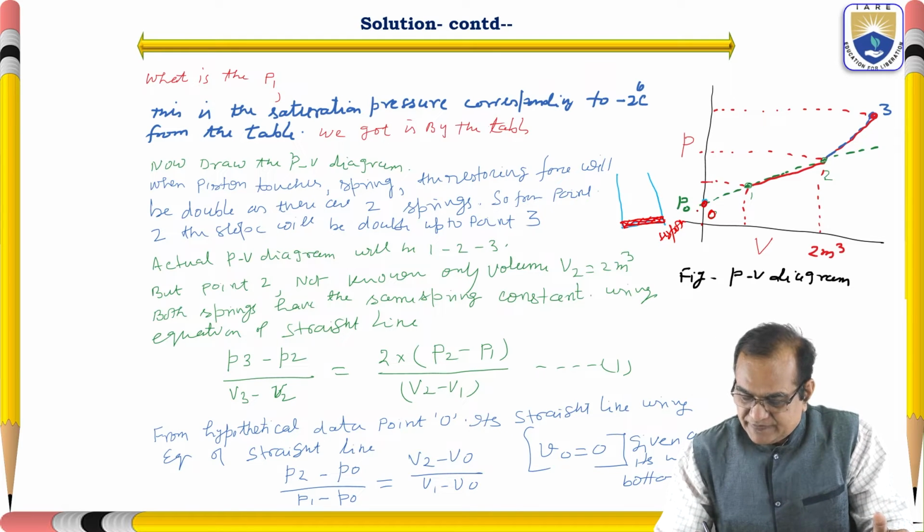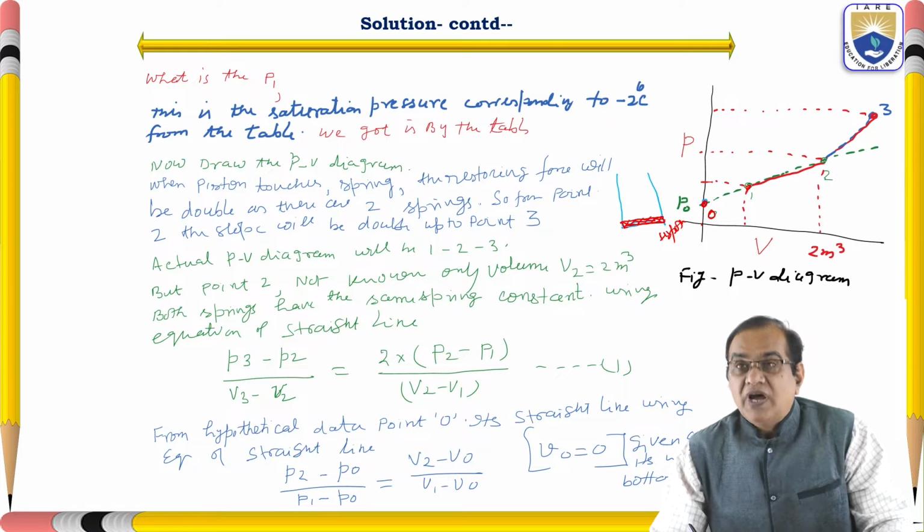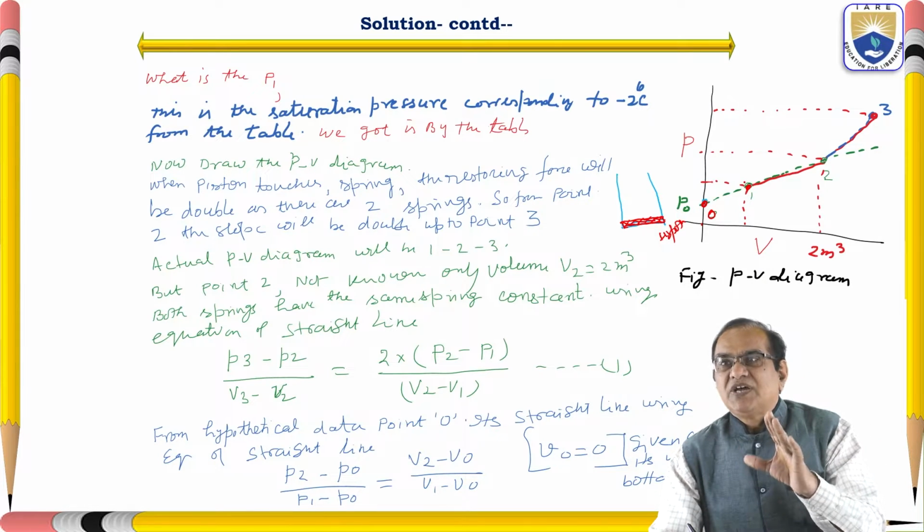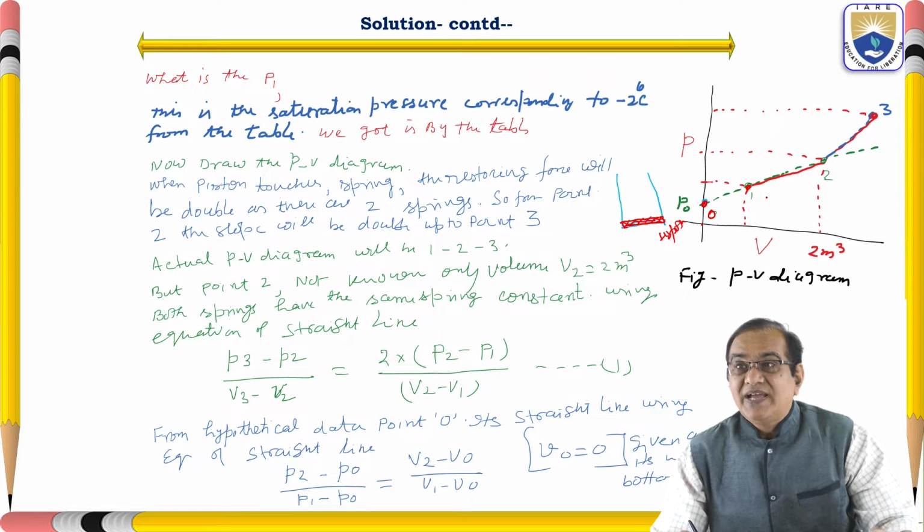Also, we need a minimum of 2 properties to fix a state. Here we have temperature T1, which is minus 2 degrees centigrade, and V1 we have calculated just now. So we have 2 properties.